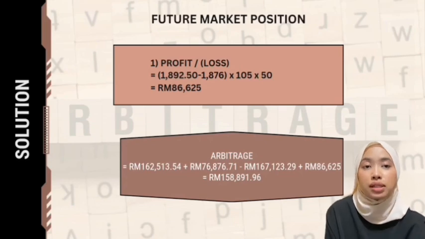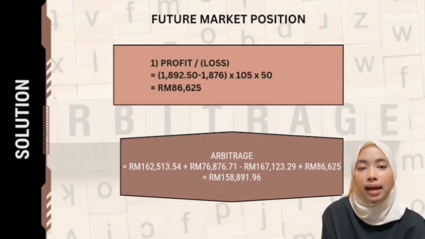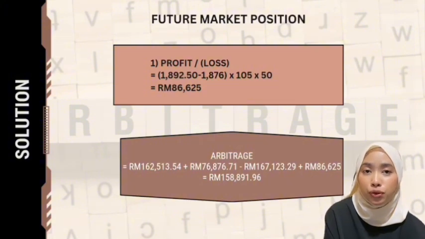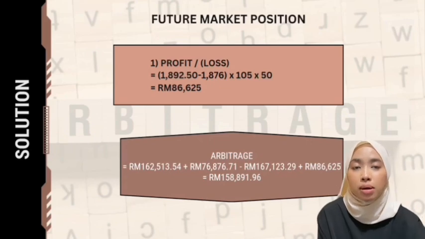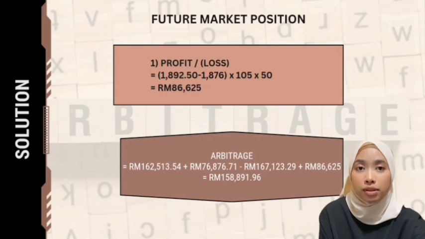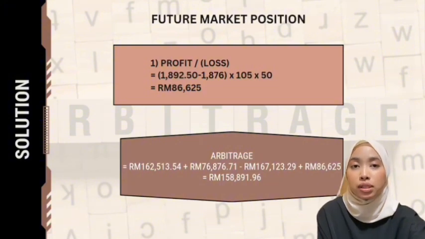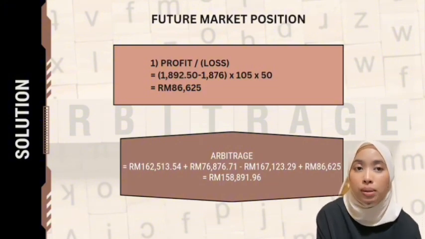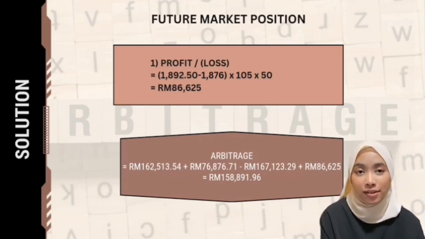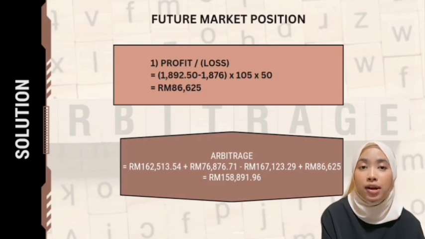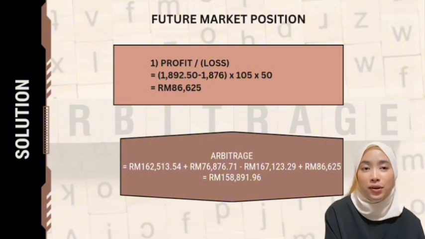And the last one is the arbitrage solution, where cash profit is 162513.54, plus 76876.71 from dividend revenue, minus the interest cost of 167123.29, plus the profit from the futures market position, which is 86625, and the total is 158891.96.